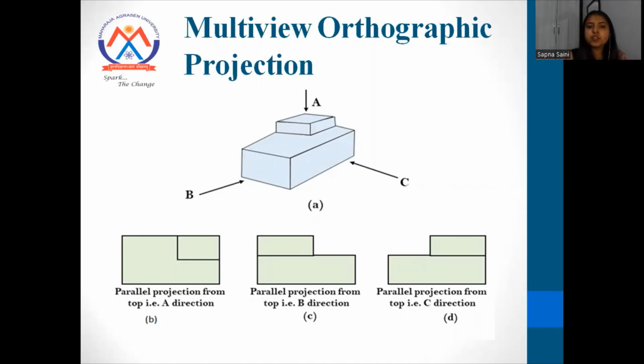In multi-view orthographic projection, you can see that if we see this object from the top, there are three directions A, B, C. Parallel projection from the top would be represented as the B part, and from the direction B, we can see the parallel projection as C part, and from the top, that is in C direction, it can be seen in the D part. So these are the three multi-view orthographic projections.